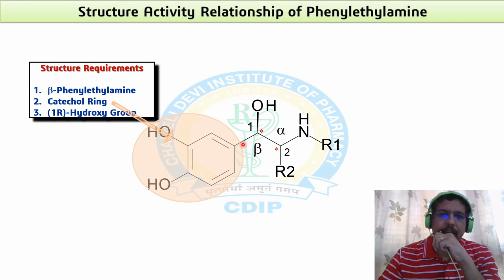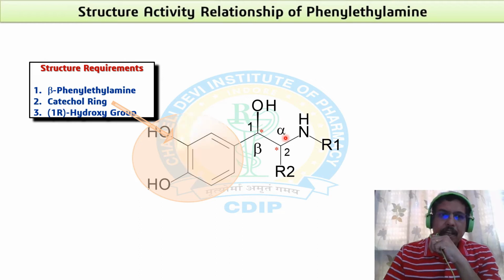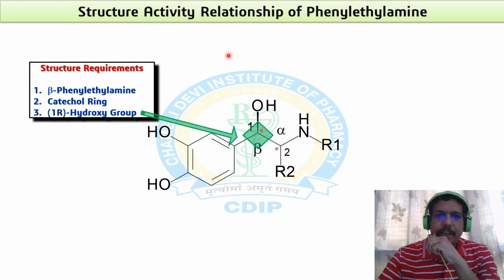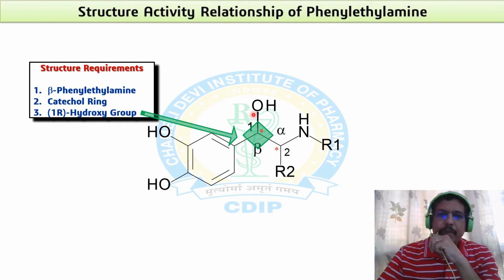And the third part is the hydroxy group, which is located on the beta carbon. This core structure is divided into three key parts.